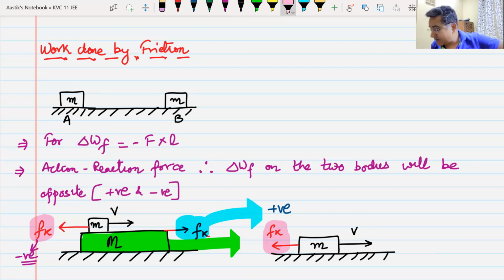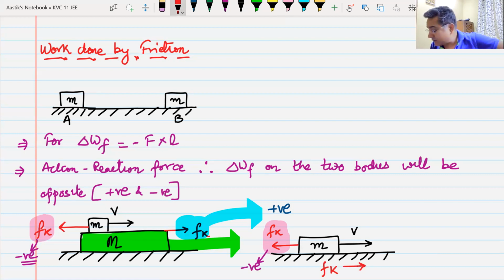Will it be positive or negative? It would be negative. Great. Now, the other body in this case is ground. What is the direction of friction on ground? The direction of friction on ground would be forward.